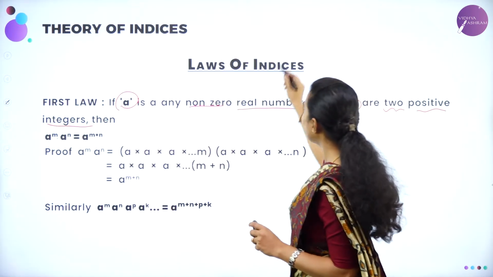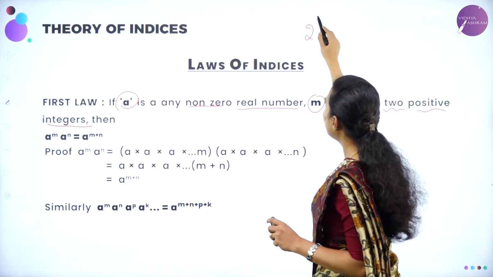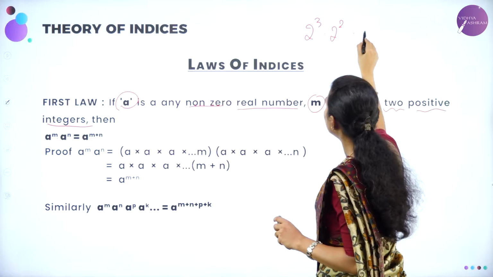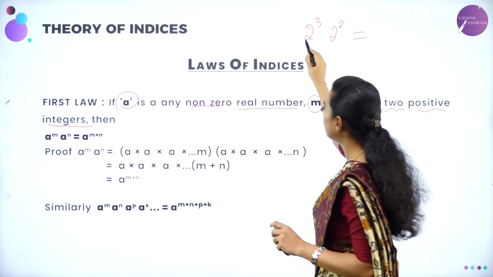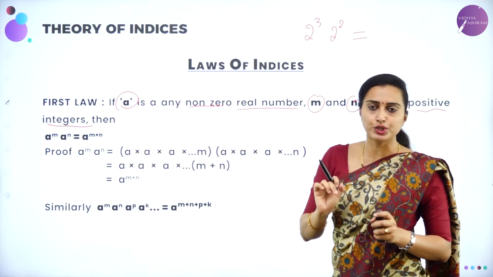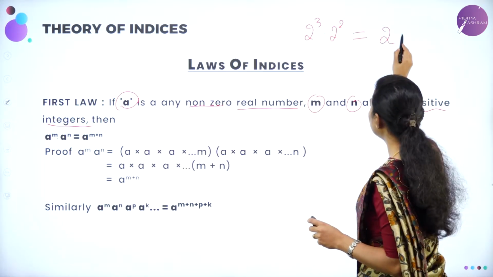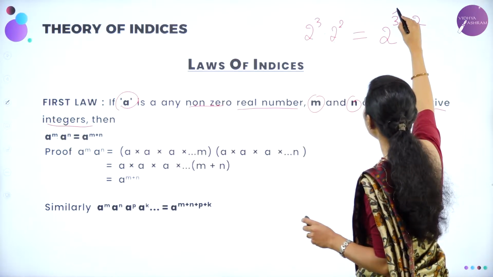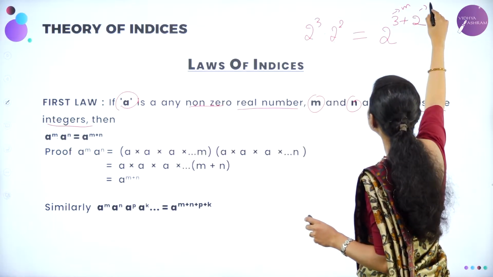That means if you have 2 power 3 into 2 power 2, the base is the same, correct? If the base is the same, the powers are to be added. Understood? So here you add the powers 3 plus 2. In general, we call this one m and this one n.